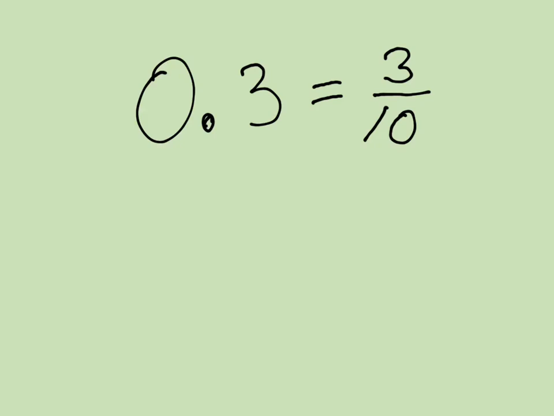Now, if you're having trouble remembering the formal name of a number, it's really quite simple to do. Let's look at, how about 0.127? What is that as its formal name?